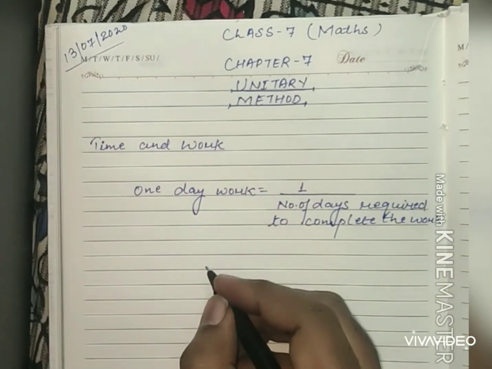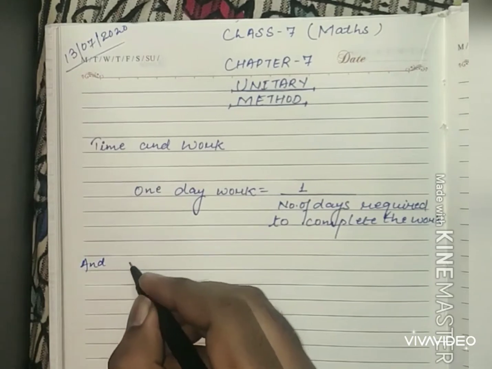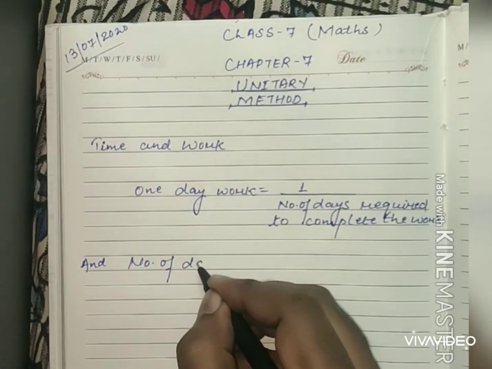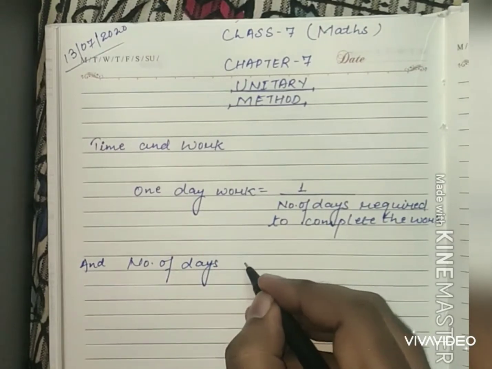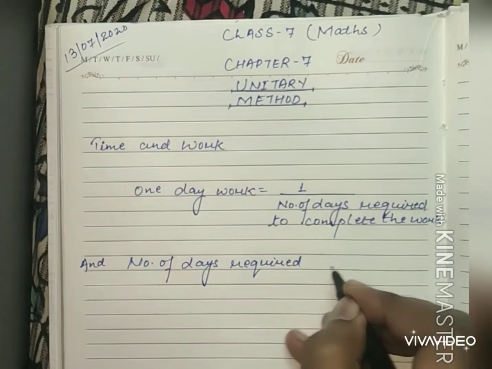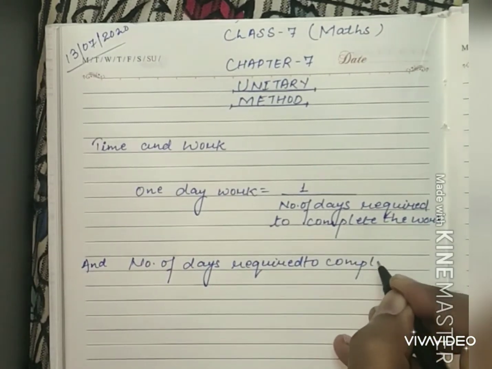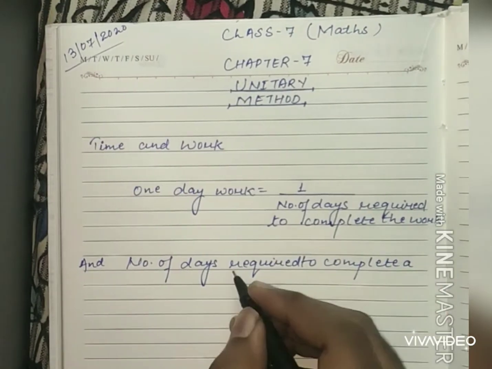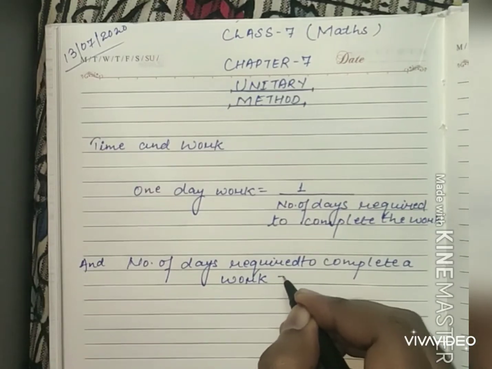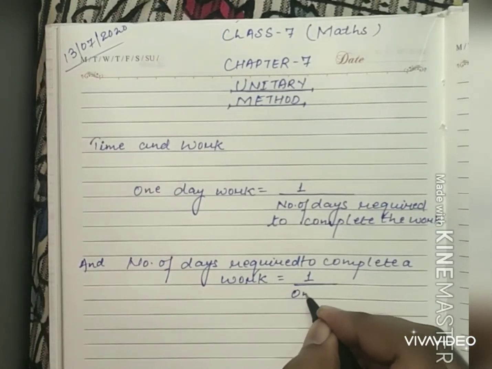And the number of days required to complete a work is equal to 1 upon one day work.